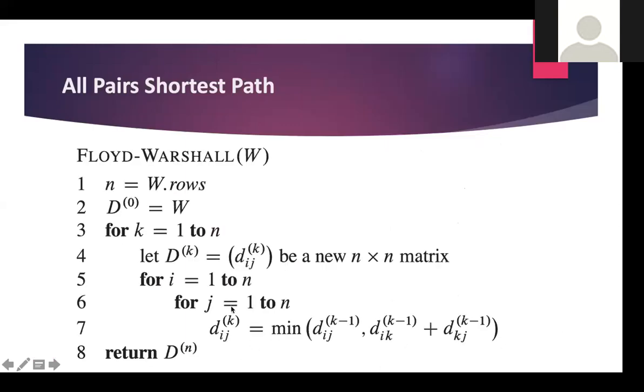It says that dij, the length of the shortest path from I to j in the kth iteration, is either the same as the length of the shortest path from I to j in iteration k minus 1, or it's the sum of the distances from I to k and then k to j. Remember, that's what we saw in the network in the figure that I showed you.